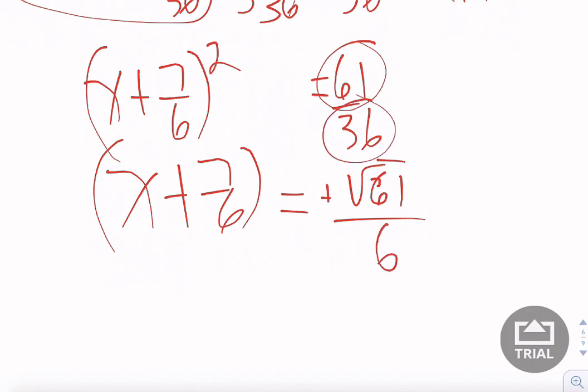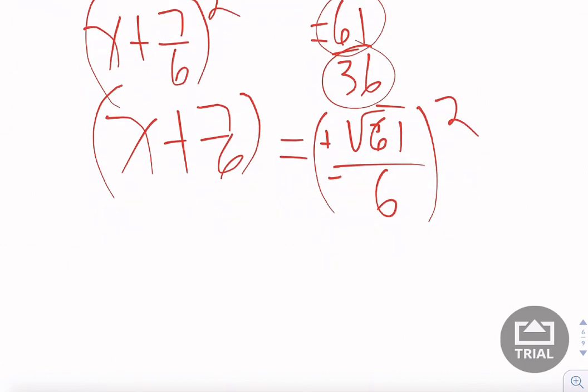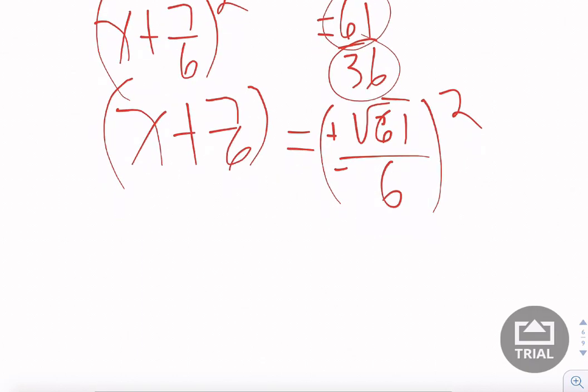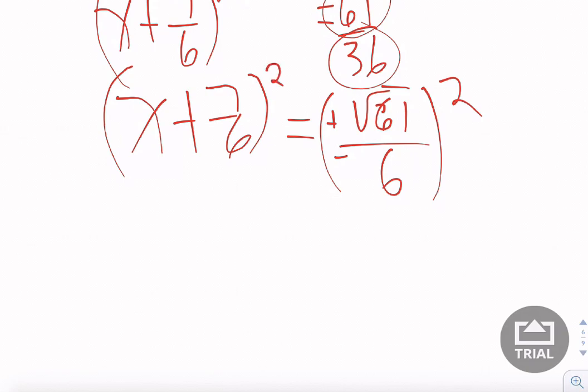And again, it's going to be plus or minus, because whether I do plus root 61 over 6 or minus root 61 over 6, as long as I square it, I'm still going to get the 61 over 36. And I keep forgetting that's a square there as well.